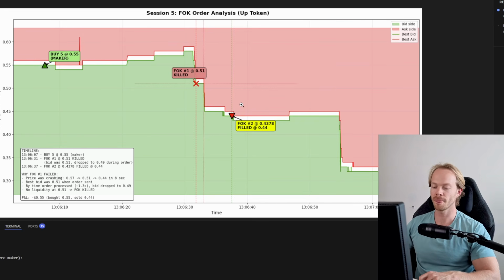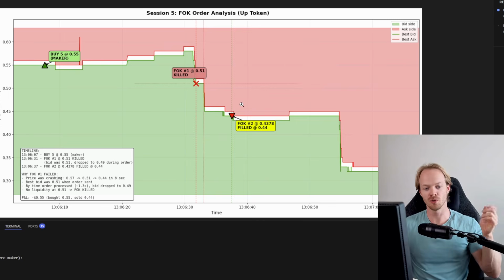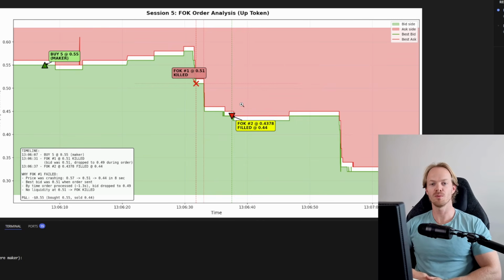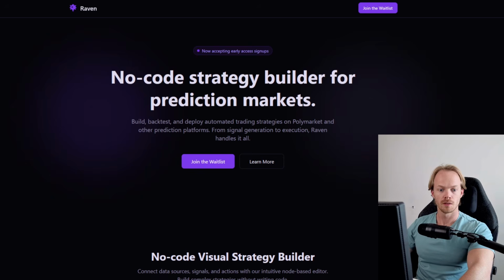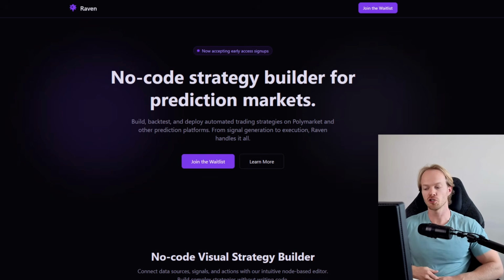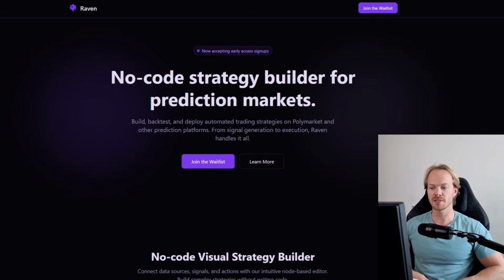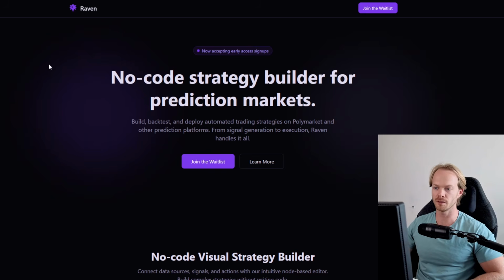And of course, in Raven, which is the framework that I'm working on, we will be able to set the different metrics. Do you want fill or kill, and so on and so forth. If you haven't seen already, you probably have, I'm building Raven, which is still the project name, which is what I'm building here in public. It's not just a trading bot I built for myself, but it's actually a no-code strategy builder for prediction markets.